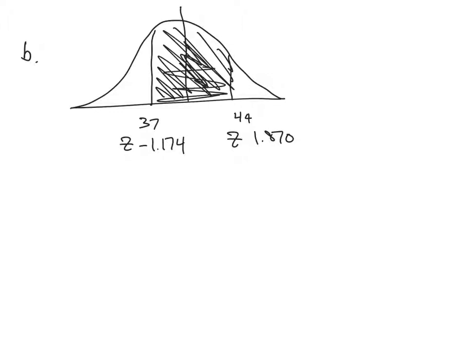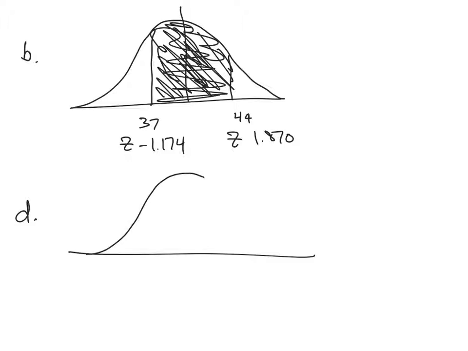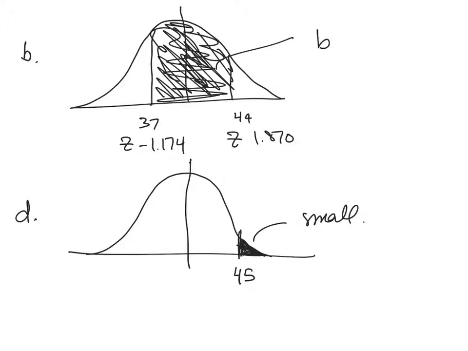We're trying to find the probability that her swim score is in between those two values. Then if I look at D, same normal curve. I know that's not beautiful, but we're trying to find the probability that her swim score is above 45, which is this itty bitty little piece right there. Super small. Our probability is pretty big here, and pretty small here.